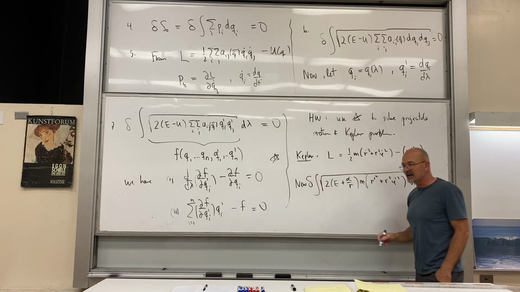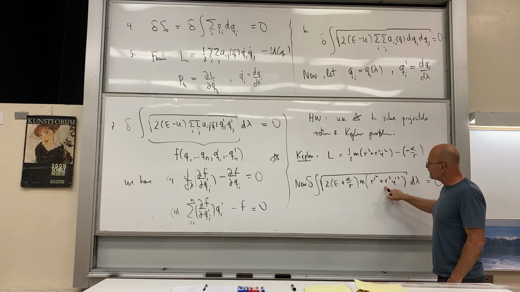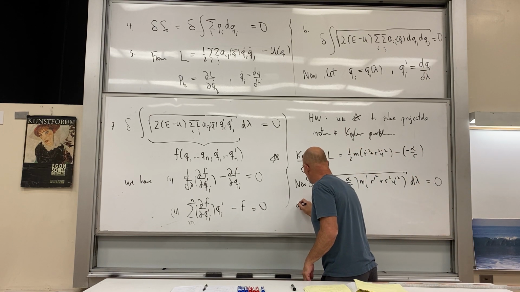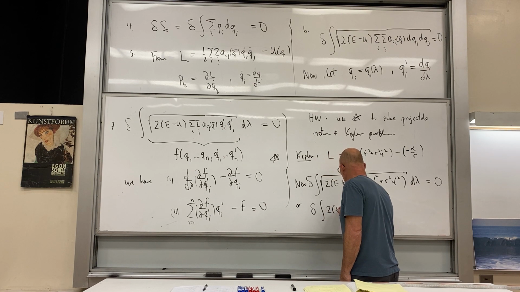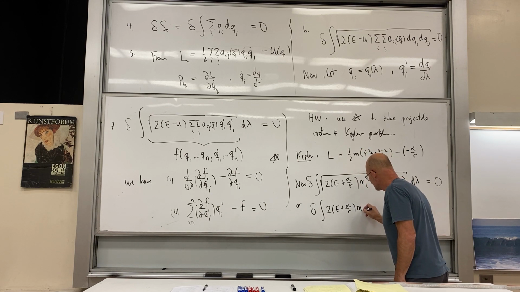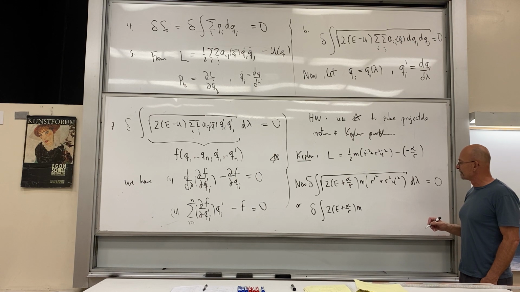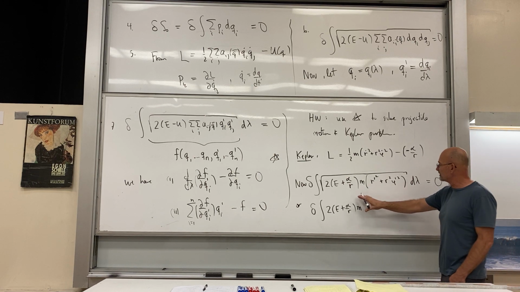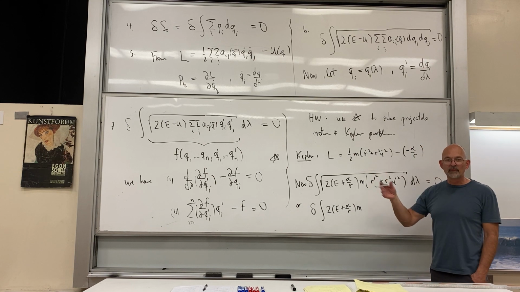So variation of this. Good. So that's what we have. But we can simplify this some more to E plus alpha over r. You can see that m's going to drop out of the problem. Actually, it's not going to drop out of the problem. We'll leave it in there, because if we drop it out, we'll lose something about the dimensions.